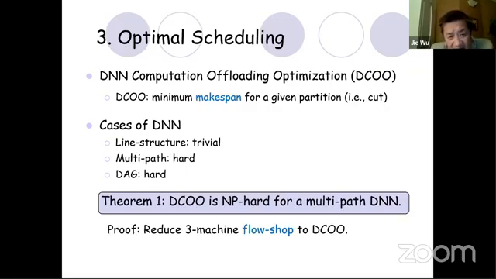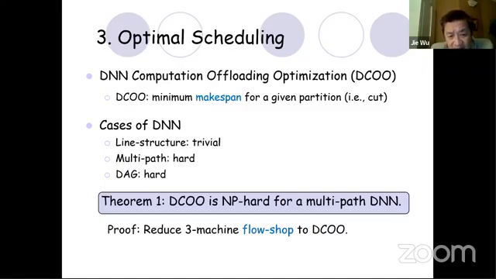Even when the cut is done, linear is obviously simple because there's only one line. But multipath is already hard. Our first theorem is that multipath is NP-hard, even after the cut, because it becomes a classic problem called the three-machine or three-stage flow shop problem. It's a famous NP-hard problem.